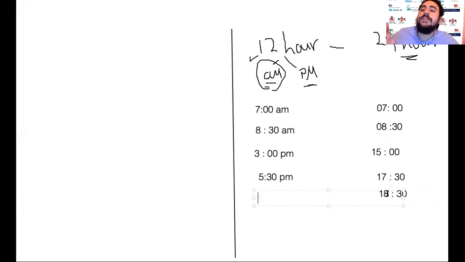I'm going to do the opposite and subtract 12, which is 18 minus 12, 6. So it's going to be 6:30, and of course it's going to be PM, because any number greater than 12 in the 24-hour clock is going to be PM. Any number less than 12 in the 24-hour clock means it's AM. It's in the morning. This is afternoon.